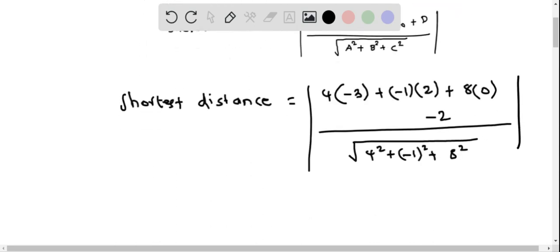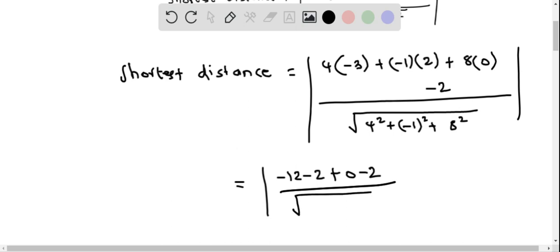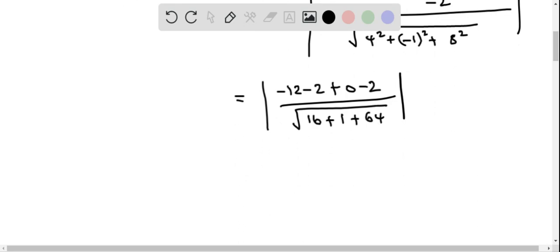So let's simplify and evaluate this. We get -12, -2 plus 0, -2, divided by the square root of 4 squared is 16, plus -1 squared is 1, plus 8 squared is 64. We take its absolute value.